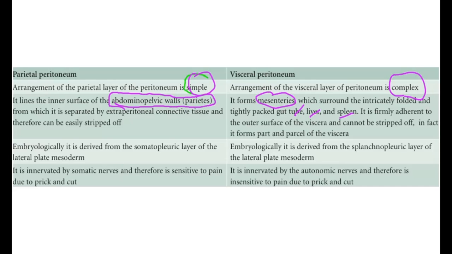In fact, it forms part and parcel of the viscera. So that is the point you have to know by heart, because you can differentiate the parietal peritoneum from the abdominopelvic muscles, but you can't differentiate the visceral peritoneum from the organs because it becomes part and parcel of the organs. You cannot strip it off.